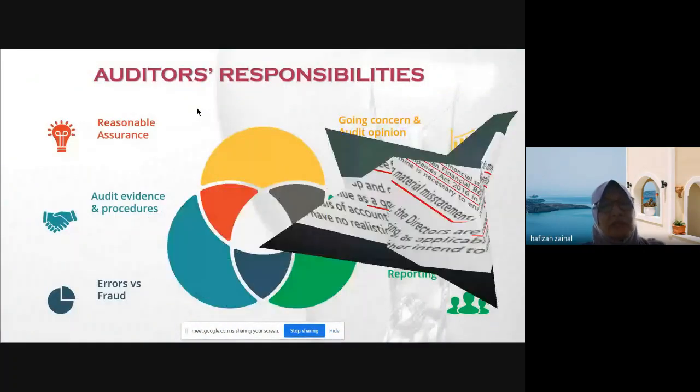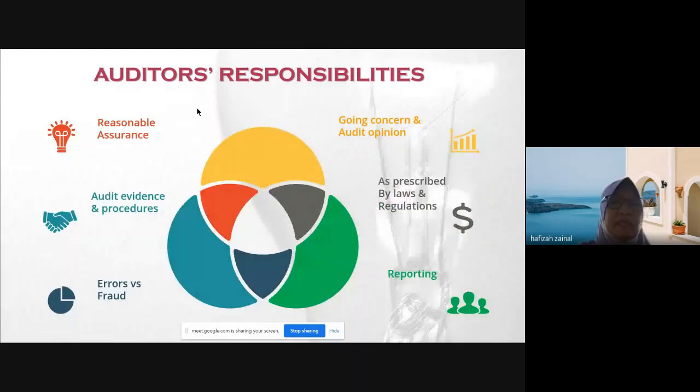Okay, what about auditors' responsibility? These are the auditors' responsibility. First, to give reasonable assurance. Reasonable assurance means that, of course, when we do work, we are doing it on a sampling basis. Of course, there are also certain items that we do on a population basis.